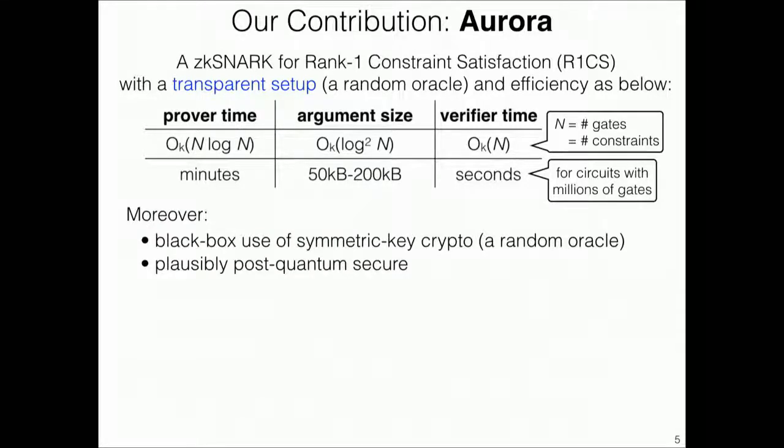Now, why are we studying these types of constructions? Because they have this transparent setup, but also because they only make black box use of symmetric key cryptography, just cryptographic hash functions, and therefore these are a class of primitives that are plausibly post-quantum, and we have very few constructions of SNARKs that could withstand a future quantum apocalypse.